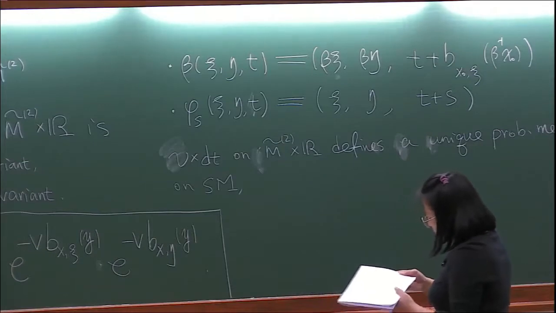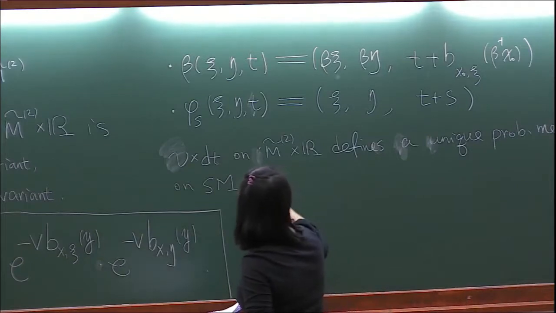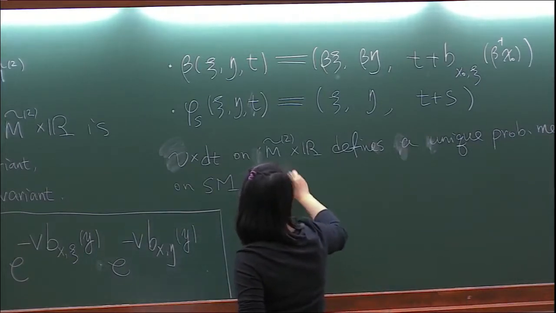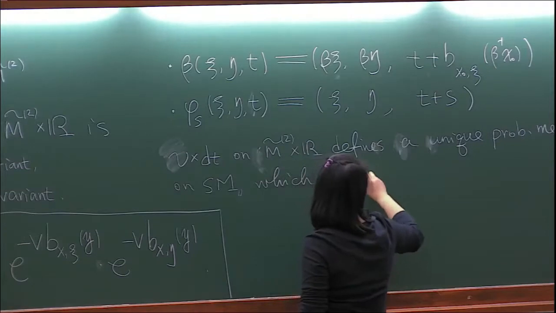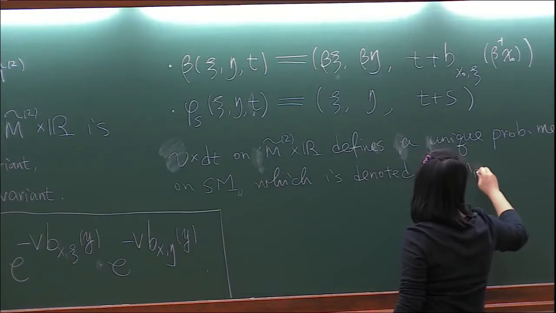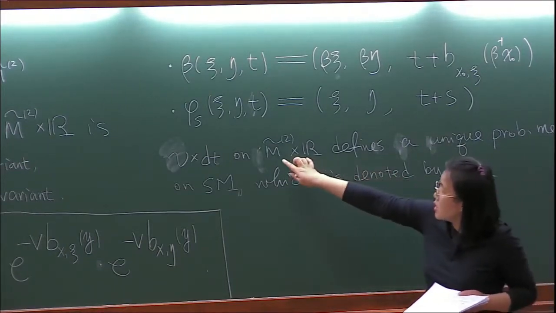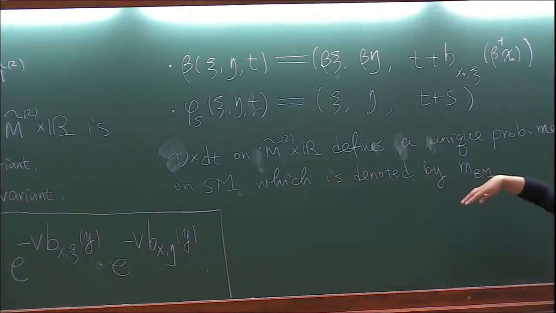So what does it mean? This measure is called the Bowen-Margulis measure. In this way you define the measure on Sm whose lift, the gamma invariant extension to Sm tutor, actually is this nu times dt.